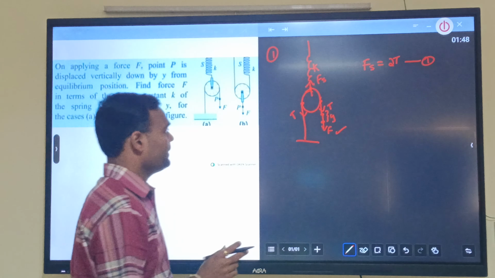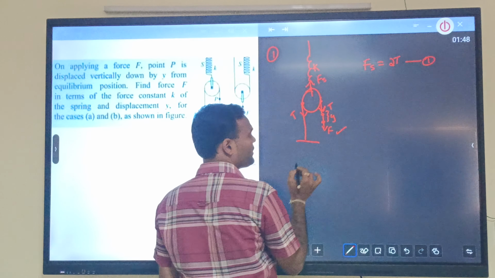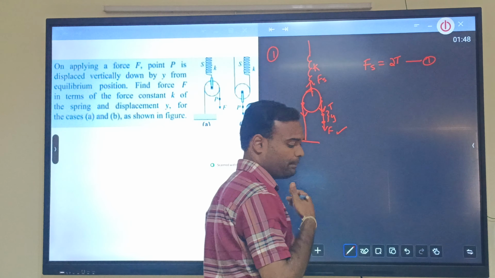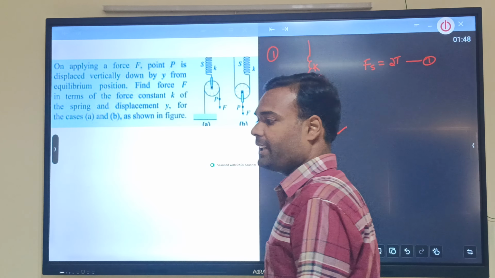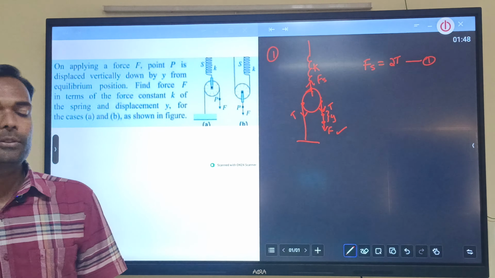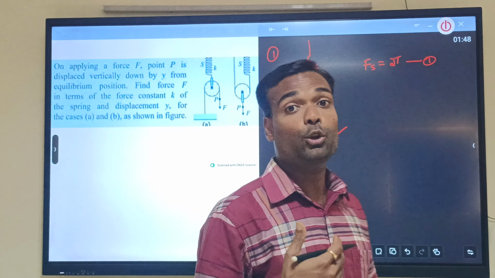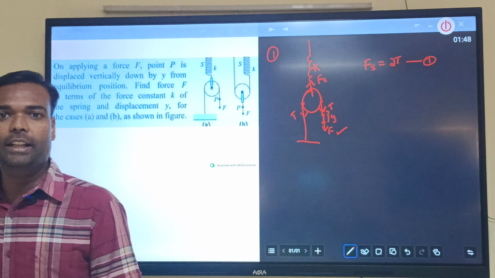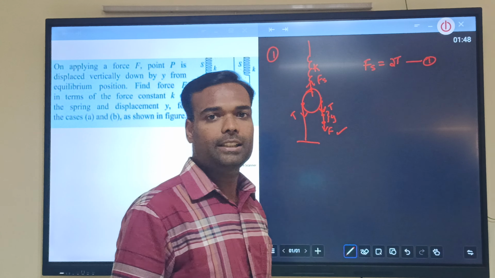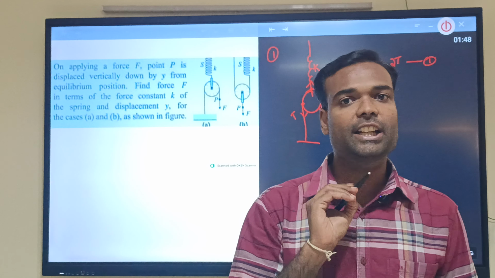Equation number two: tension is present in the spring and the force is applied from outside. As I told you in our previous class on thread problems, tension in the rope, a single thread contains a single tension value.